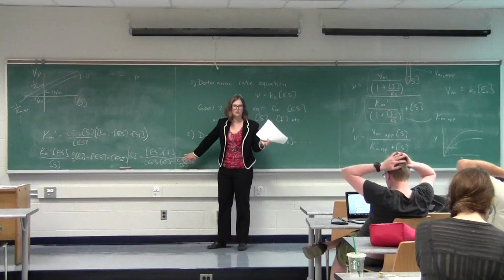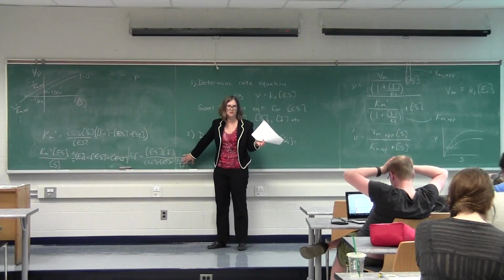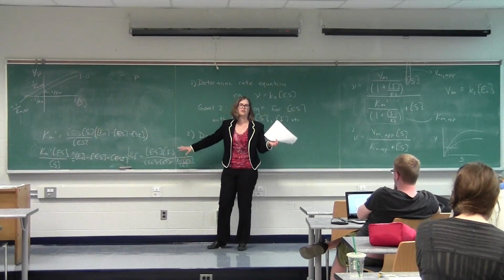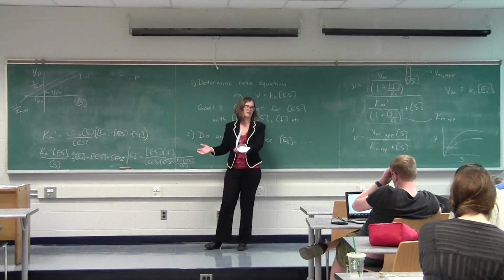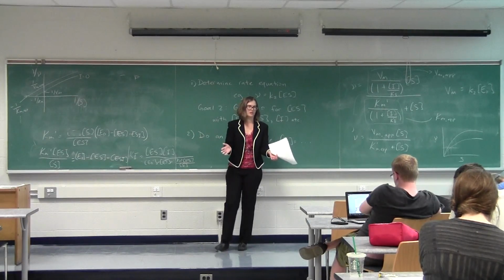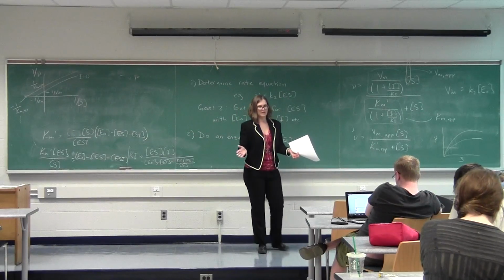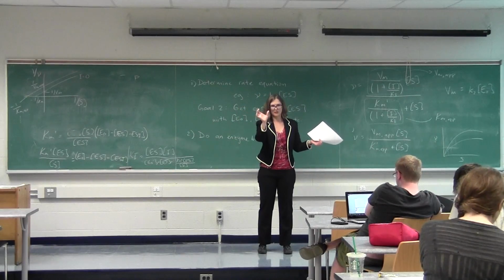So you don't want to rush too quickly to an expression for ES, because what you end up with then is an expression for E or ESI at the end of the day, which is not useful in terms of your rate equation, because your rate equation just has the ES.